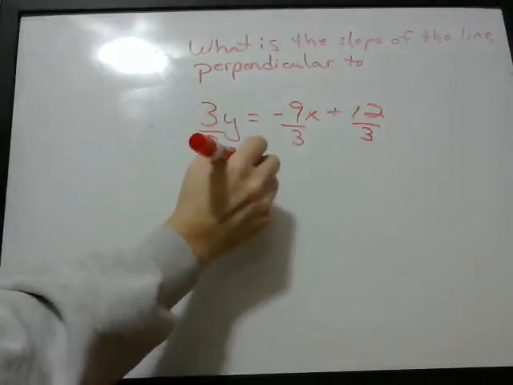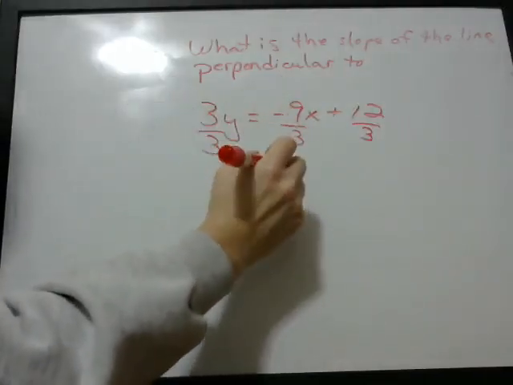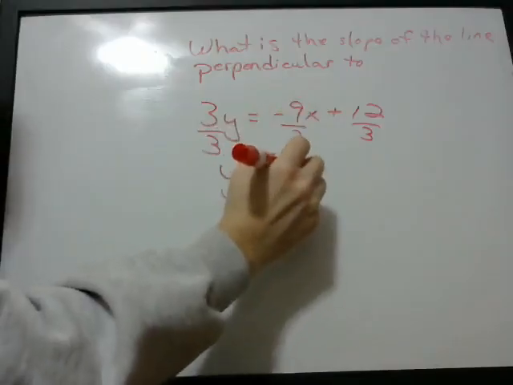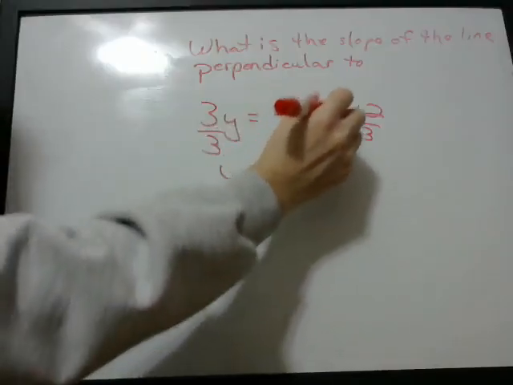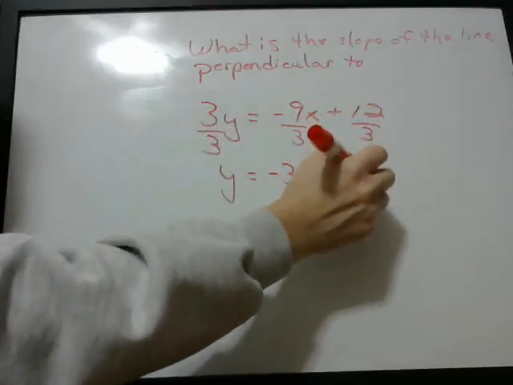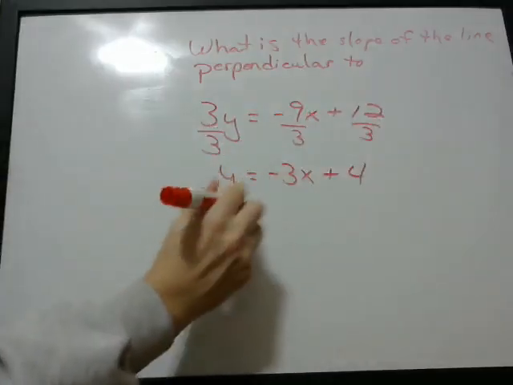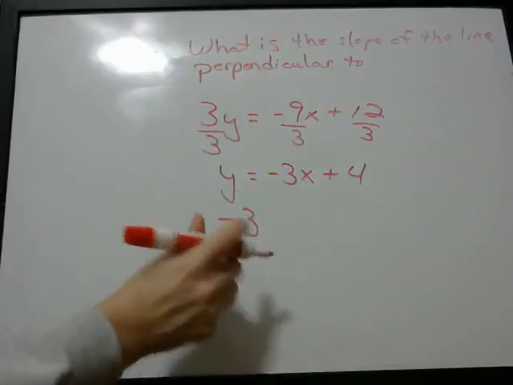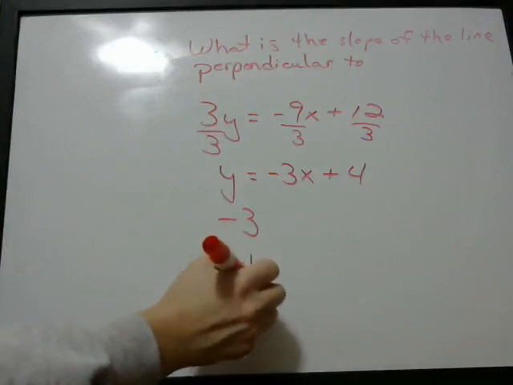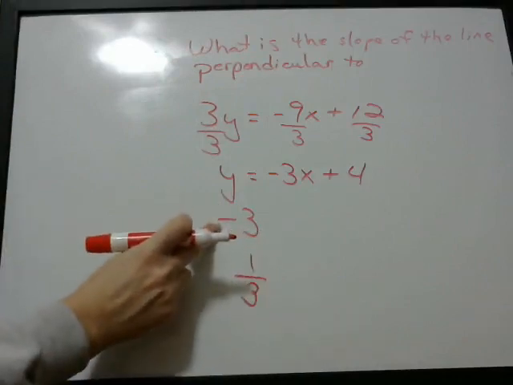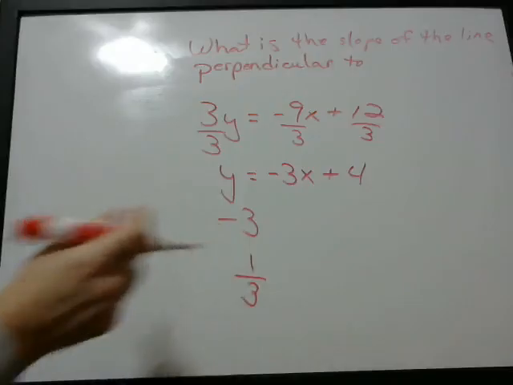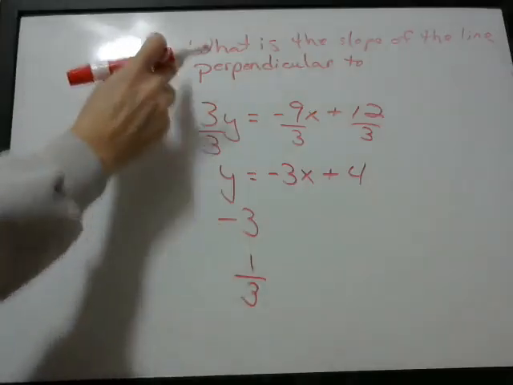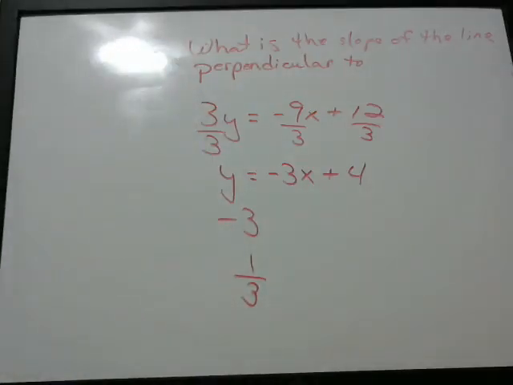This becomes y equals negative 9 divided by 3, which is negative 3x, plus 12 divided by 3, which is 4. Our slope here is negative 3. To find the perpendicular slope, you need to take the negative reciprocal. The reciprocal of 3 is 1/3. It's already negative, so the negative of that is positive. So the answer to this question is positive 1/3.